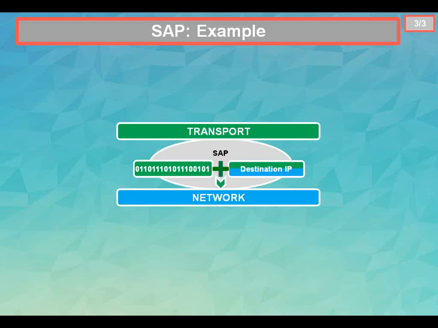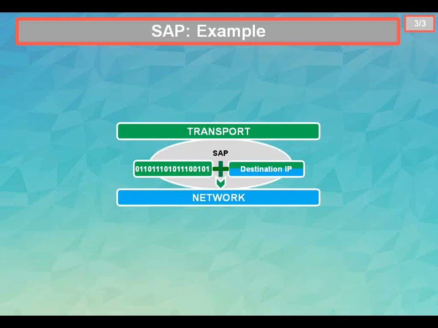Who attaches the destination IP address in its header? Which layer will attach it? Not the transport layer. The destination IP address will be attached in the header by the network layer. But the network layer doesn't know what address to attach as the destination. Which layer is it getting that input from? The transport layer.